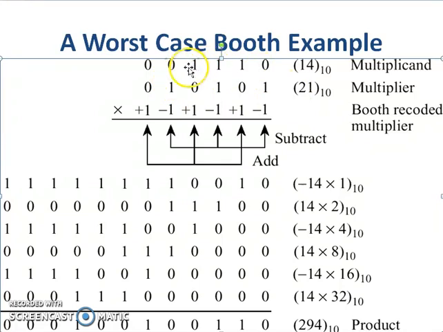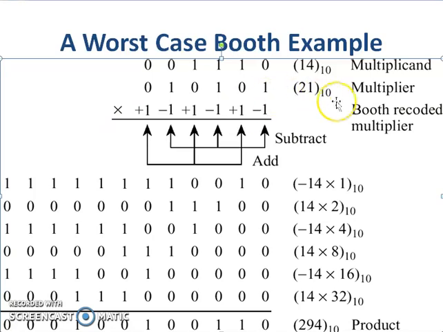The multiplier and multiplicand should be of even size. In our case there are 6 binary bits, and it should be even: 4 bits, 6 bits, 8 bits, 10 bits, but even.